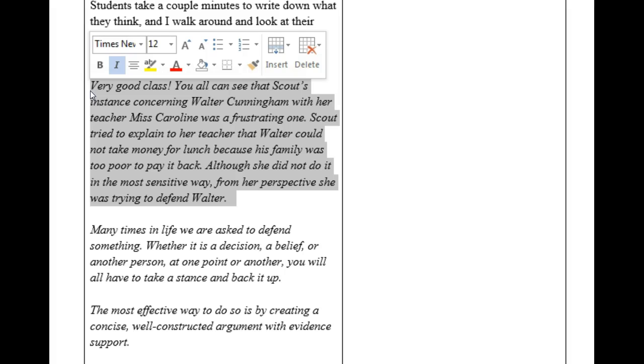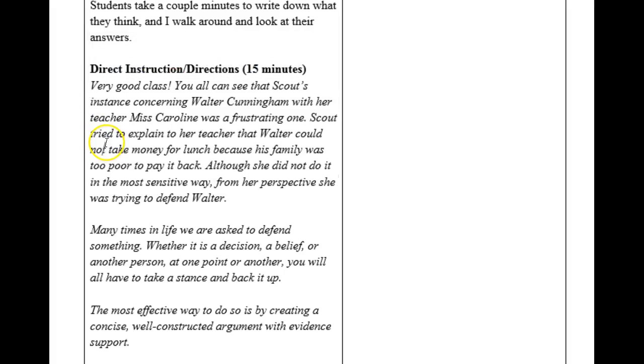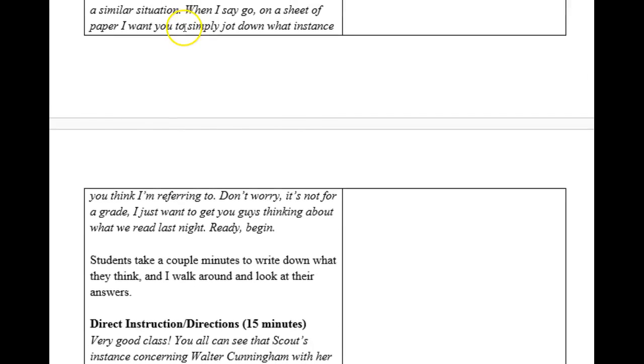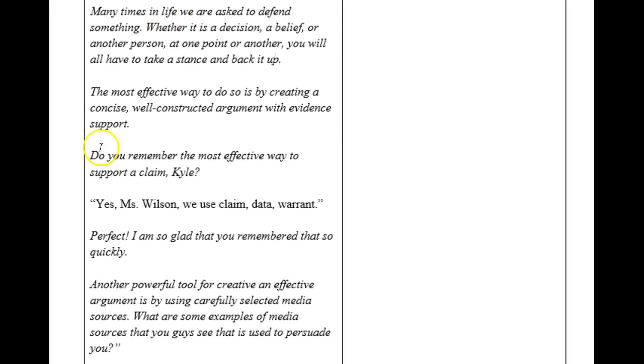So how to do the pieces from the evidence outcomes. Okay. So I would move this subheader of direct instruction down to probably just down to right here. Okay. So that this piece ends up being the closing of the hook, and then direct instruction starts right here.